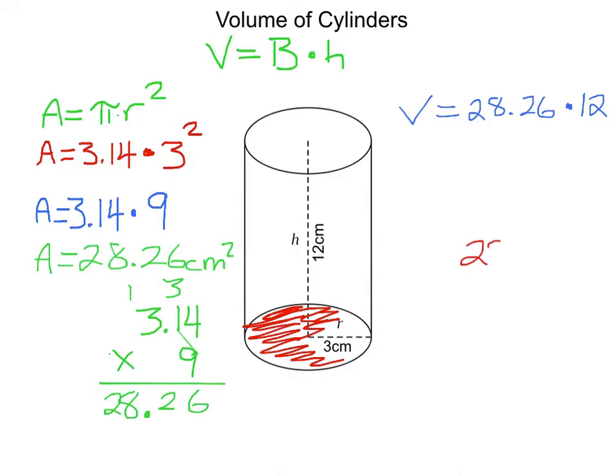So let's go ahead and put 28.26. We're going to multiply that by 12. 6 times 2 is 12. 2 times 2 is 4, plus 1 is 5. 2 times 8 is 16. 2 times 2 is 4, plus 1 again is 5.